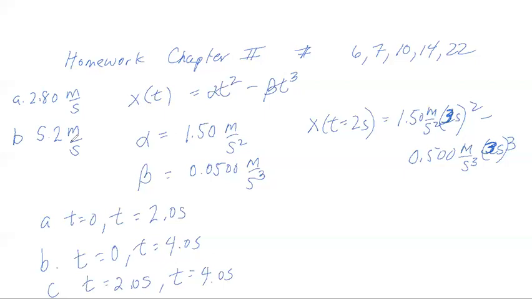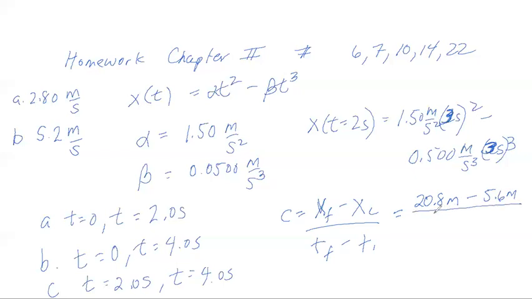For C, we're going to do v equals x final minus x initial over t final minus t initial, and that was going to be 20.8 meters minus 5.6 meters over 4 seconds minus 2 seconds.